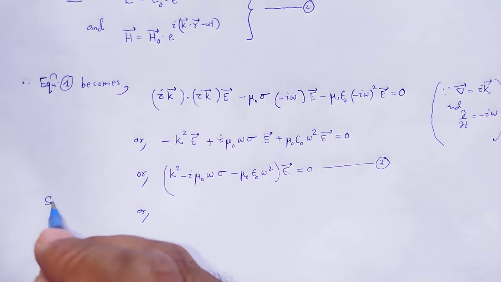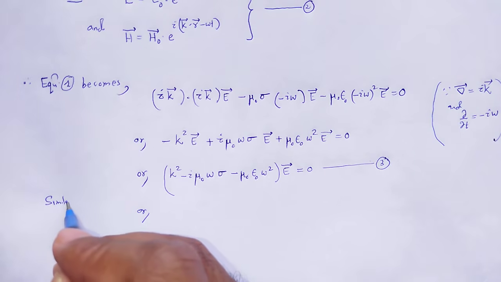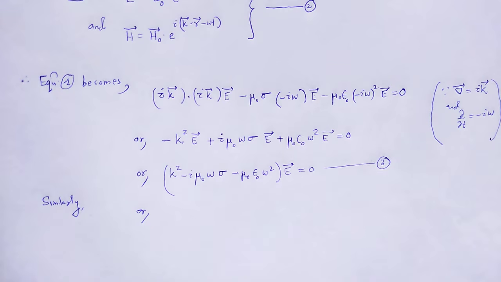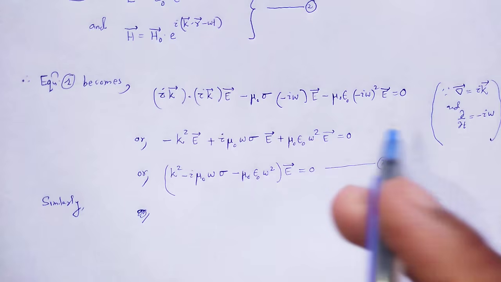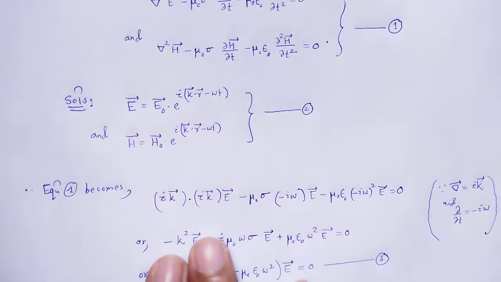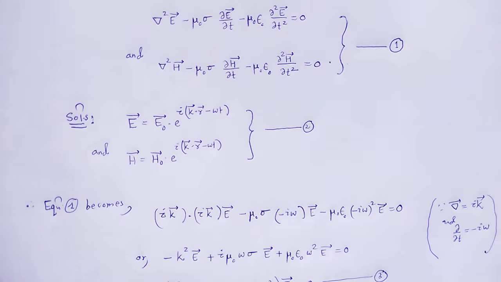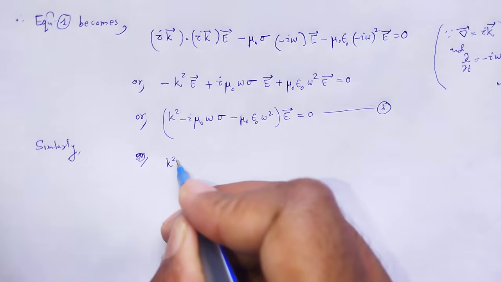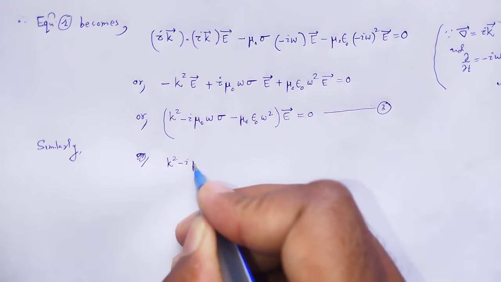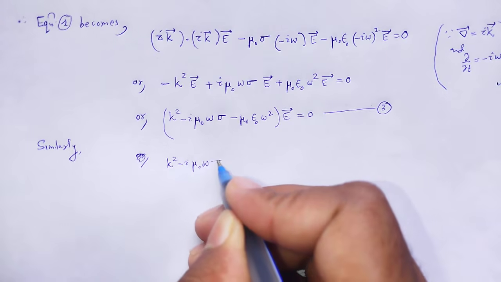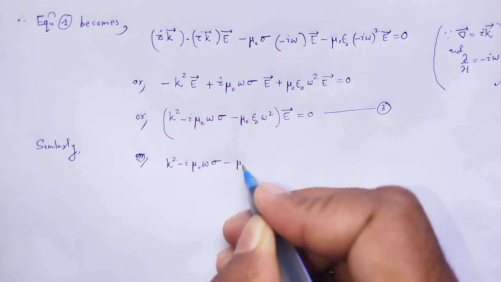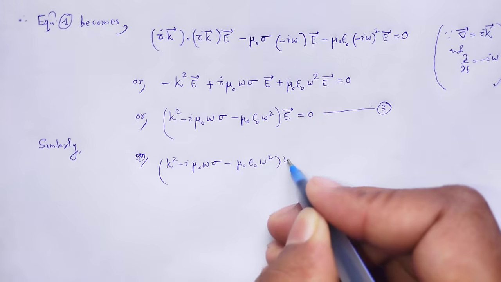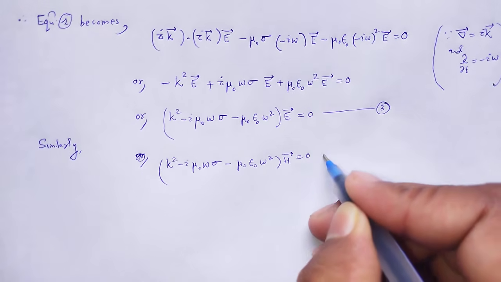Similarly, by proceeding in the same way, that second one can be obtained. Similarly, k square minus i mu naught omega sigma minus mu naught epsilon naught omega square whole into H vector is equal to 0.